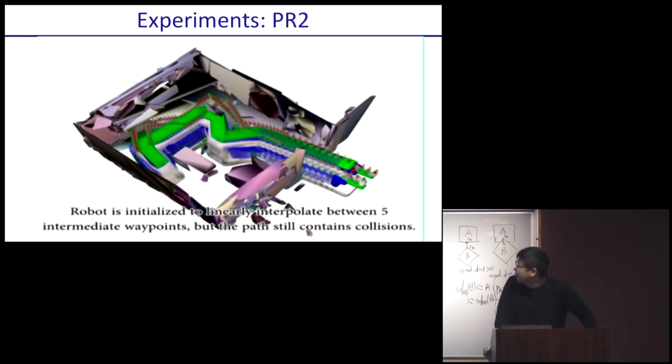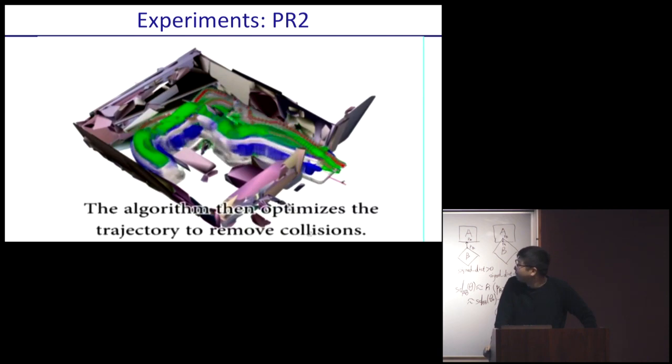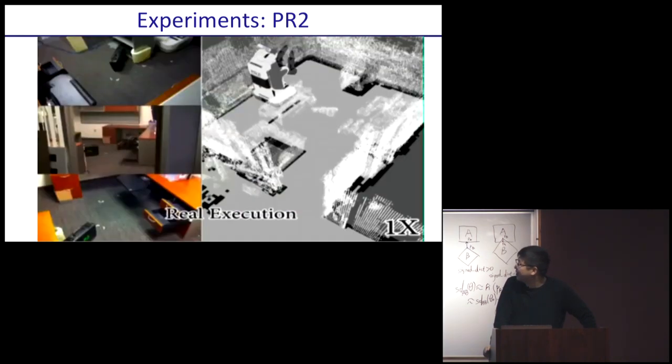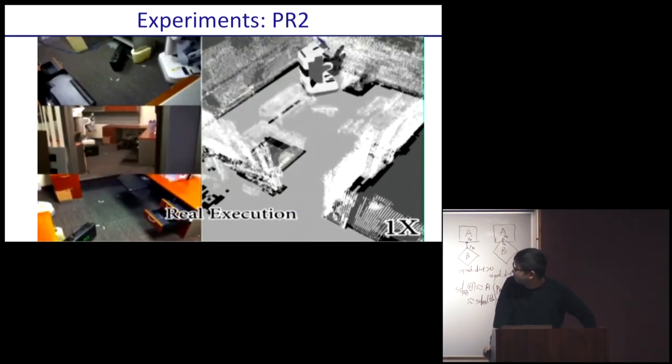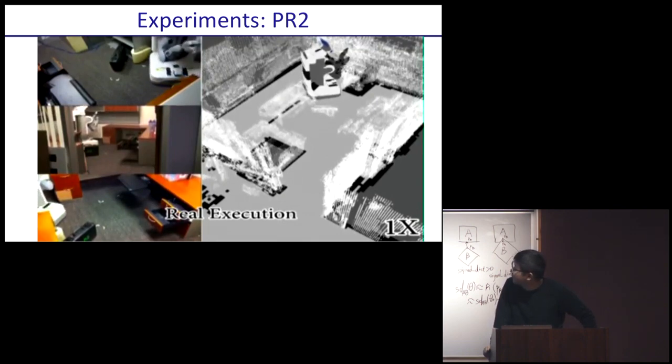So it's robot navigation planning. This is the optimization finding a trajectory without any collision, and following the trajectory.